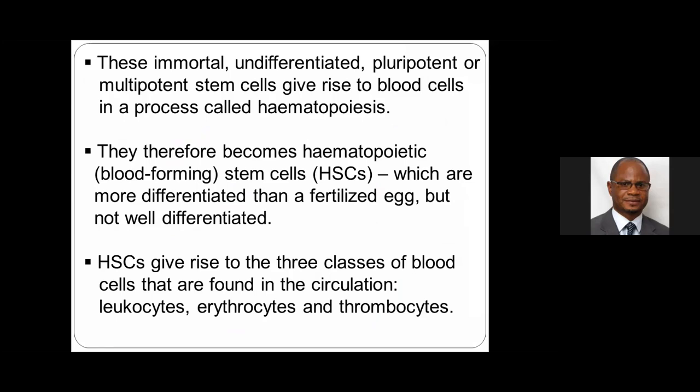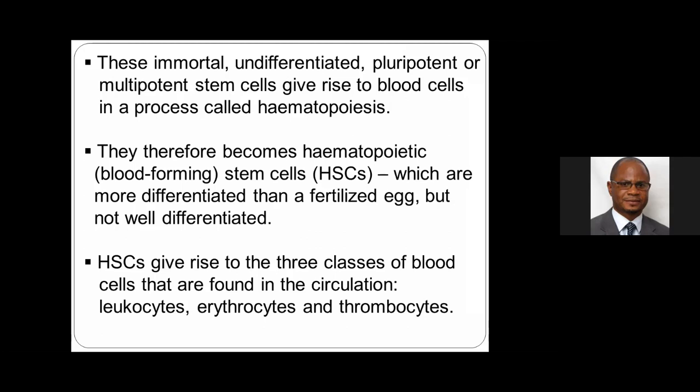And they go through this development called haematopoiesis. So haematopoiesis is the development of blood cells in the bone marrow. And through the process of haematopoiesis, the cells become what is called hematopoietic stem cell or blood forming cell.